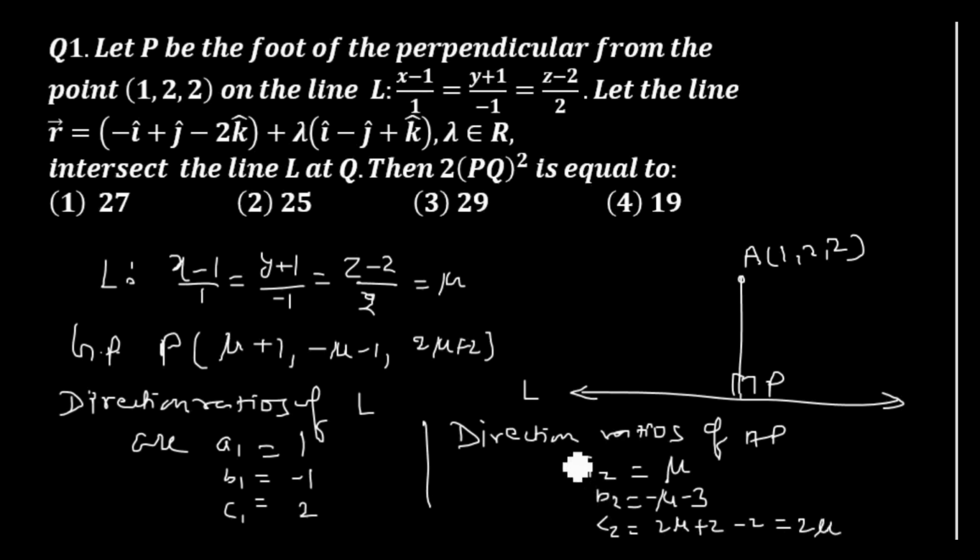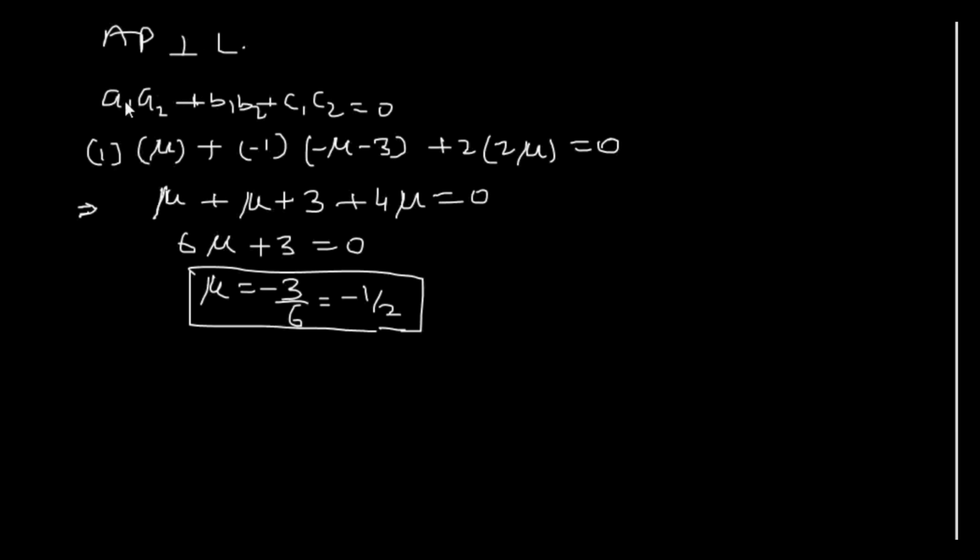So the direction ratios of AP, since AP is perpendicular to line L, in that case we can apply this condition: A1 A2 plus B1 B2 plus C1 C2 is equal to 0. Putting the values, 1 into mu plus minus 1 into minus mu minus 3 plus 2 into 2 mu equal to 0. So we get 6 mu plus 3 equal to 0, and so mu equals minus 3 by 6, that is minus 1 by 2.